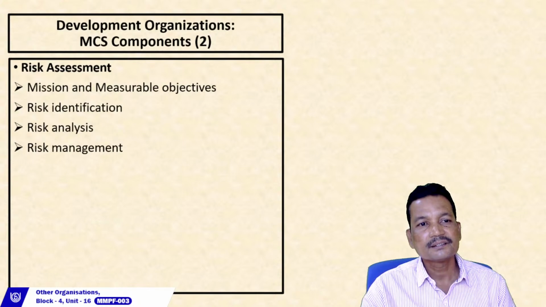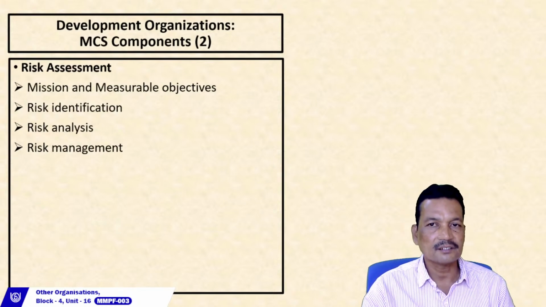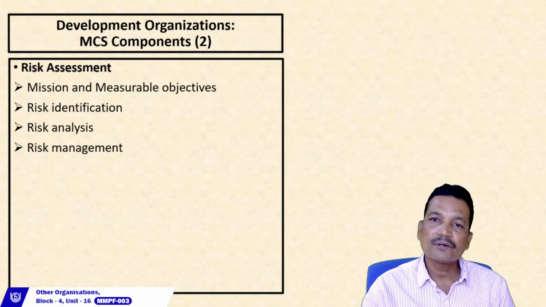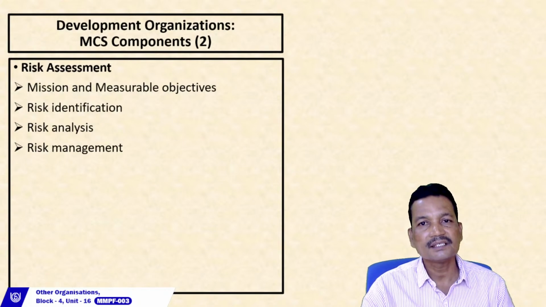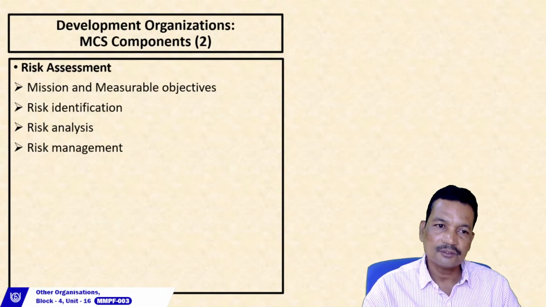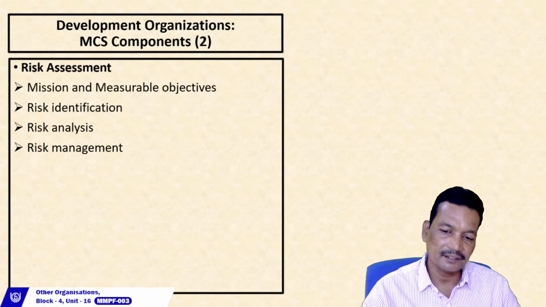Now, objectives and the mission should be measurable. That means some kind of target should be there which is to be achieved. Now, where can risk arise in the various developmental activities? For that, what are the possible solutions? And we manage the risk by undertaking the best solution, that is risk management.